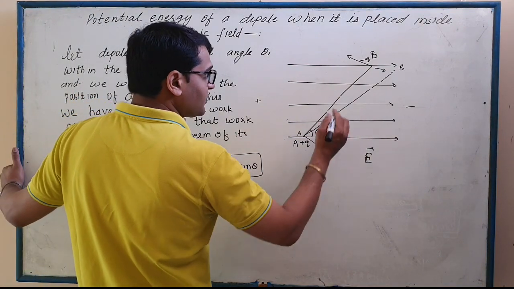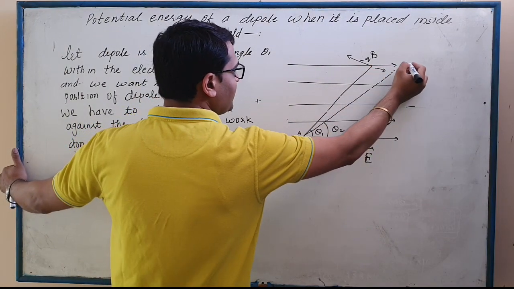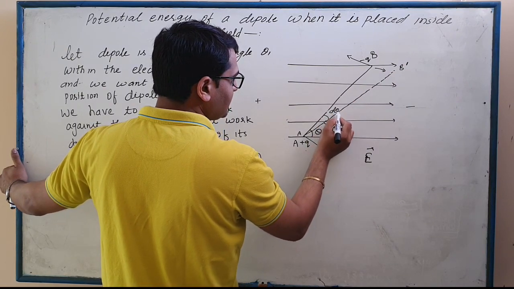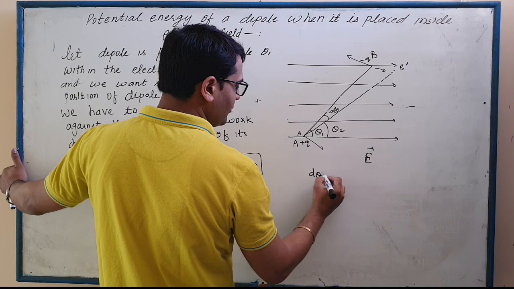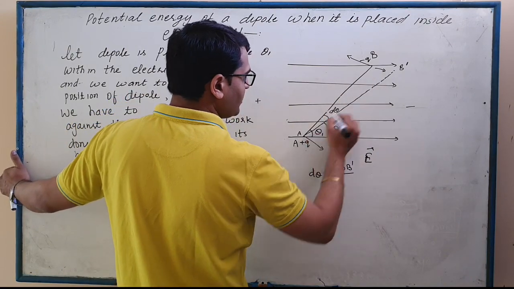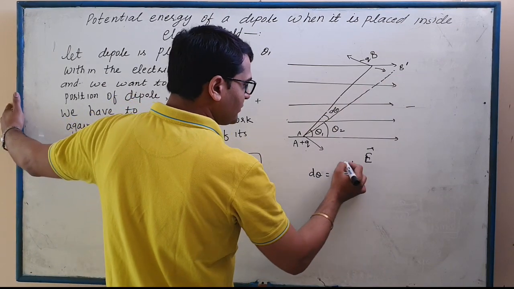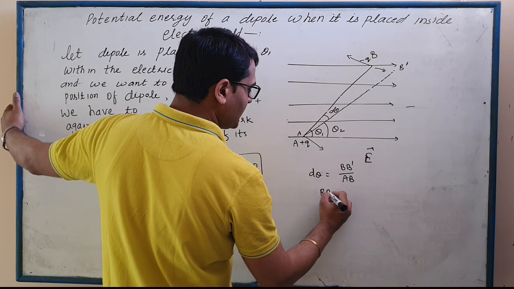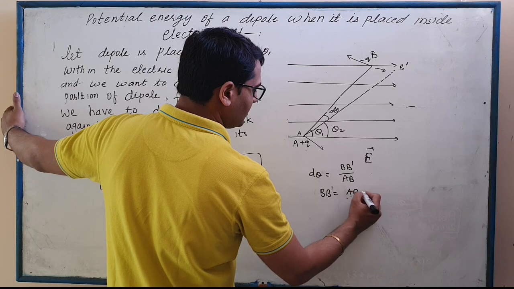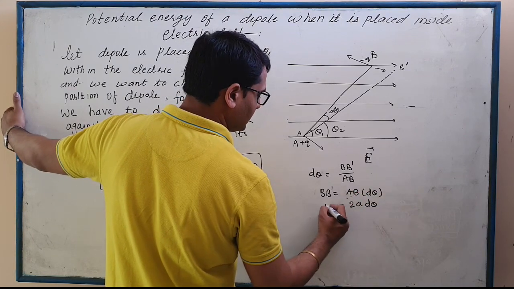Since we are changing the position of the dipole from AB to AB dash, let it be B dash, so there is a change in angle of d theta. The formula for angle is length of arc upon radius of arc. So the displacement BB dash is AB into d theta, and AB is 2A, so 2A into d theta.